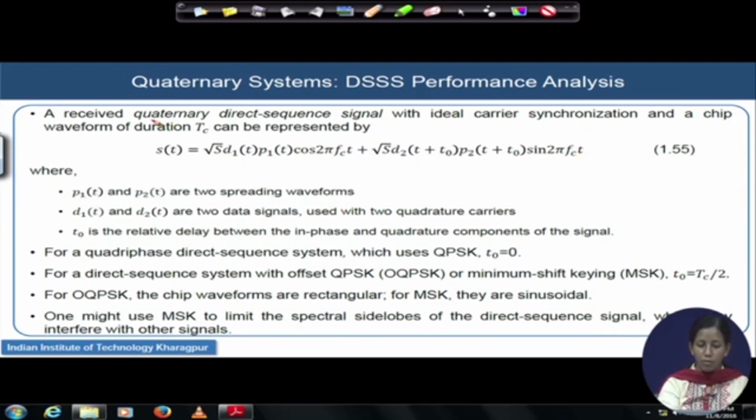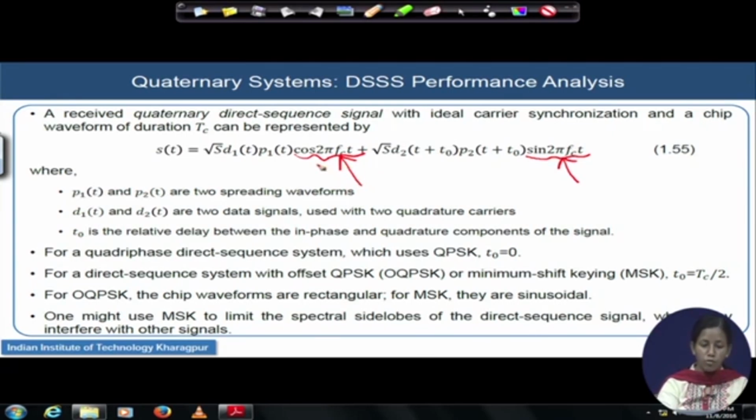Remember, when we talk about a quaternary signal, we will have two different carrier signals which are orthogonal to each other, and hence they are devised from the orthonormal basis functions involved in a quaternary system itself.